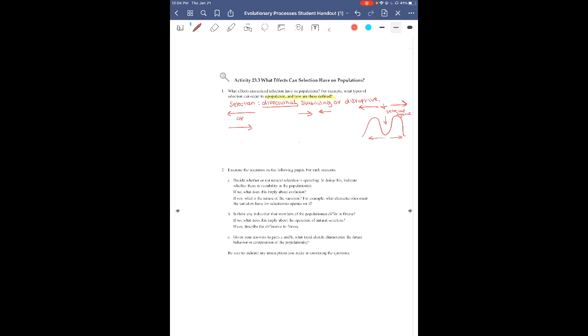Then in stabilizing, you're coming more towards the mean. And then in directional, it can be like this, or it can be like that. Okay, any questions on that so far?